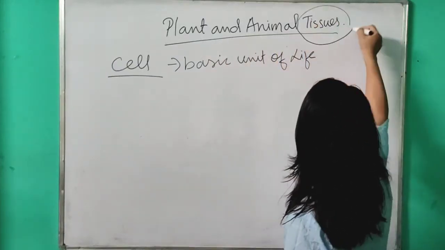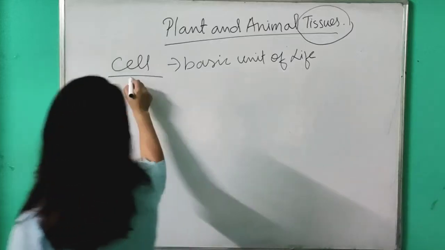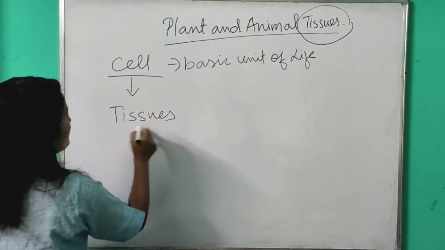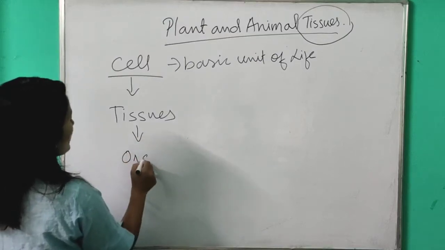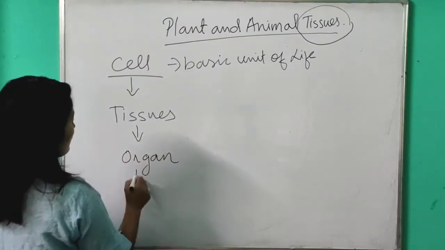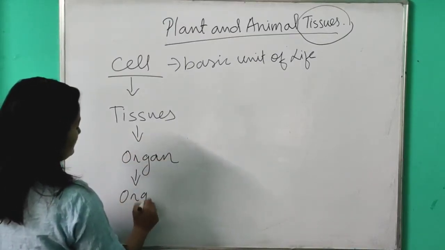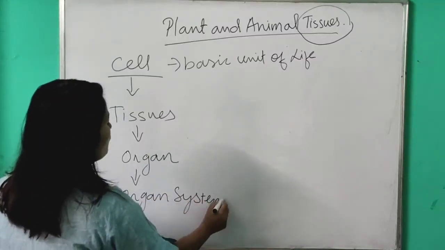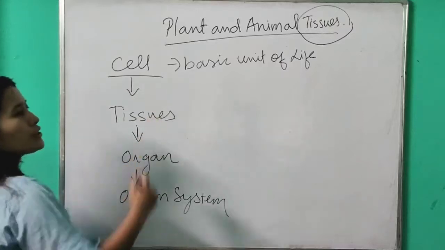So what is tissue? After cell comes tissues, after tissues comes organ, and then you have organ system. Cell is the basic unit of life.